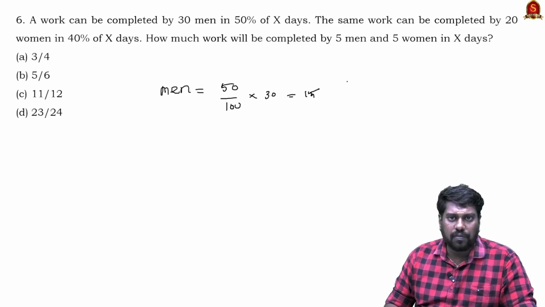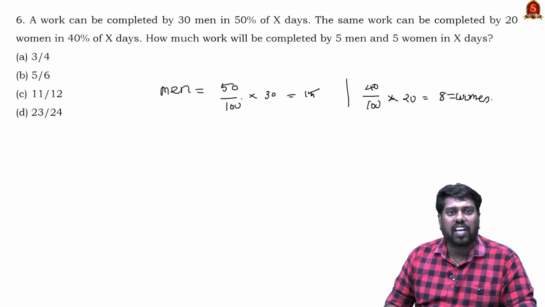And similarly, if you calculate for the number of women, 40 by 100 into 20, which will be equal to 8, which is the number of women. So from this you can calculate the number of men and women directly from the question itself, correct? Now, what they have asked in the question is how much work will be completed by 5 men and 5 women in x days.